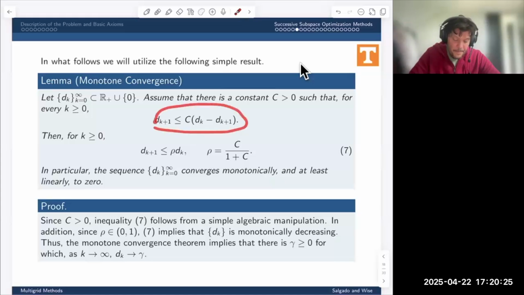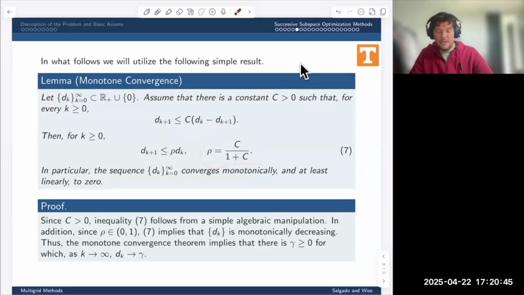Positive numbers that satisfy this, then I can show that they contract. And I can show that they not only contract, but they converge monotonically to 0, and at this rate. If I can establish that, then the rate of contraction is going to be this. So this is going to be a result that we use over and over again. So we're going to put this on a pedestal, I guess. We're going to prove this at the very first next time.